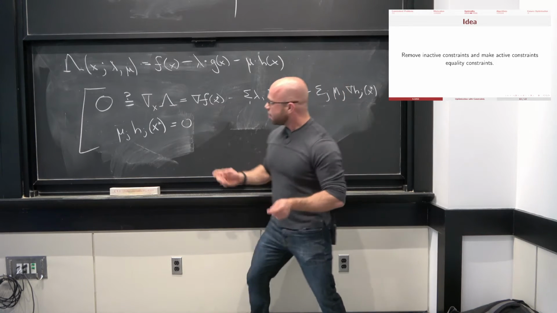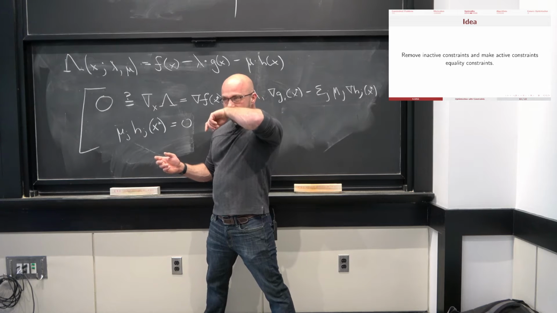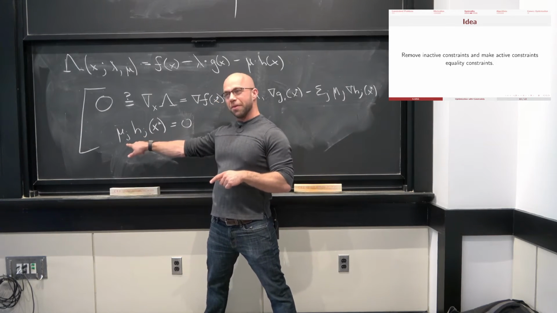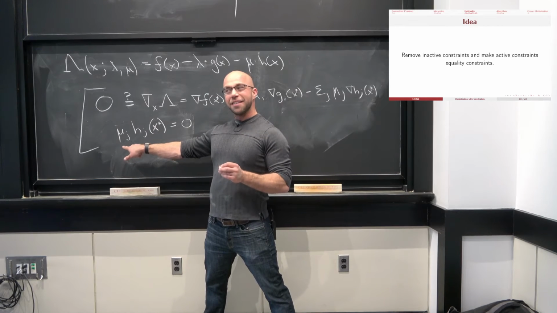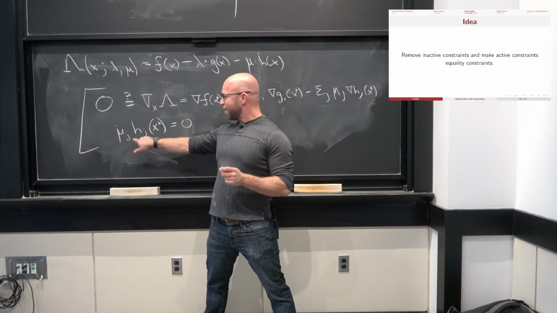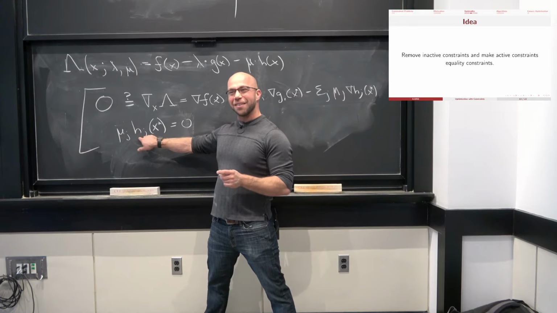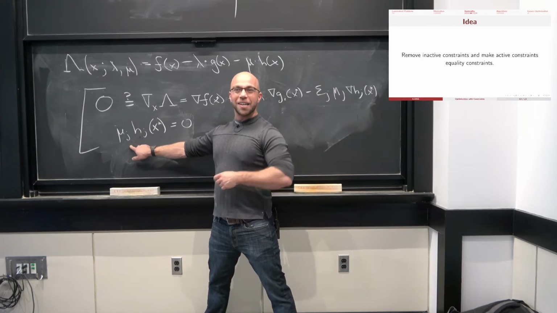First of all, let's say that my constraint is active, right? Then what does this expression do to mu? Actually, nothing. Because if my constraint is active, what is h j? 0, right? That's the definition of being active. So in that case, this thing is satisfied, and mu j can be free.